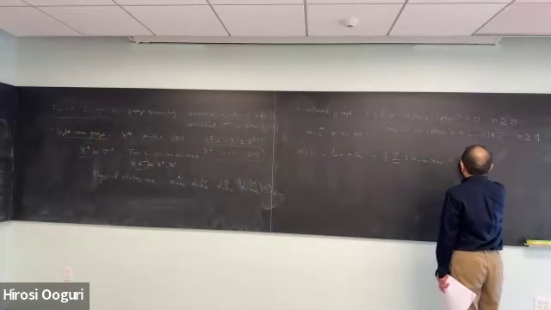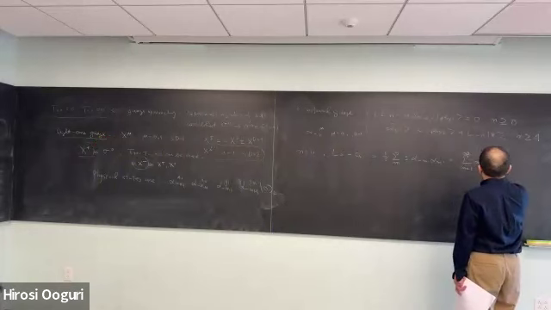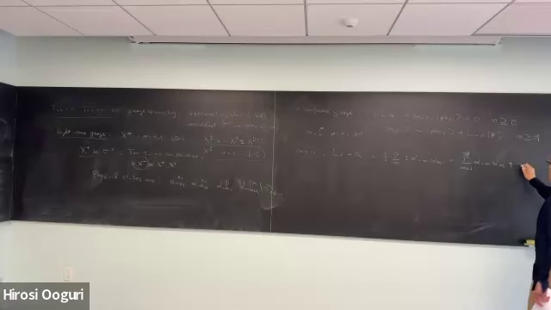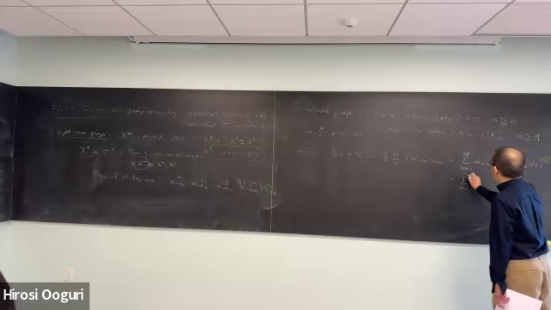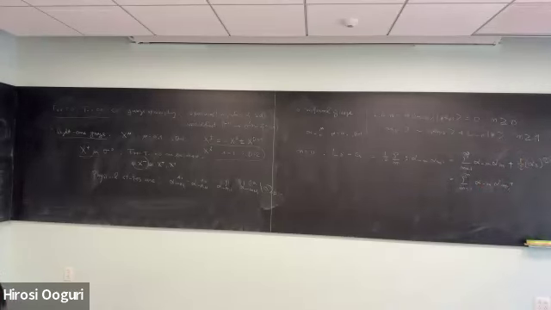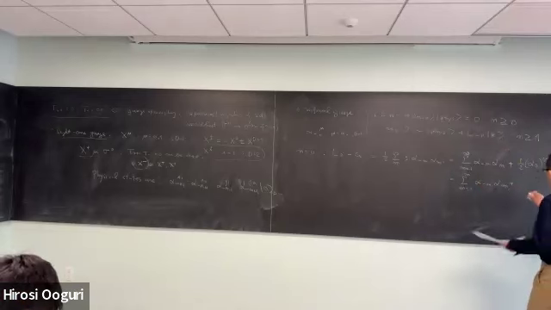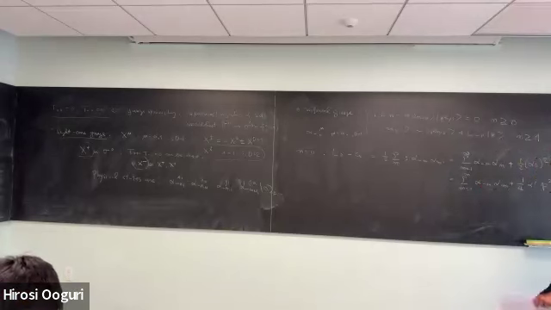So this is equal to the sum from m equals 1 to infinity of alpha minus m alpha m plus 1/2 alpha 0 squared. The alpha 0 squared is equal to alpha prime p squared.